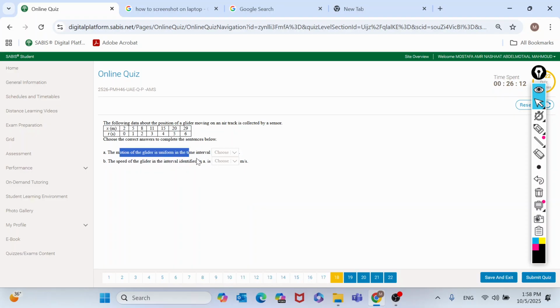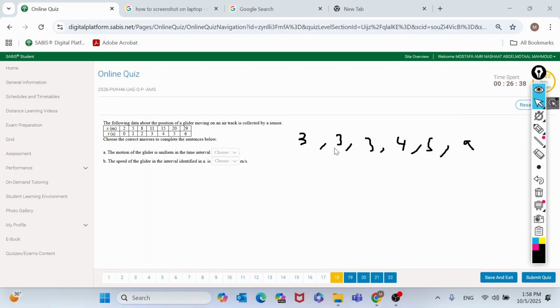The motion of the glider is uniform in the time interval, so it increases by 3 seconds in the time. So the first time interval it moves 3 meters per second, and then 3 meters per second, and then 3 meters per second, and then 4, and then 5 meters per second, and then 9. So when is it constant?